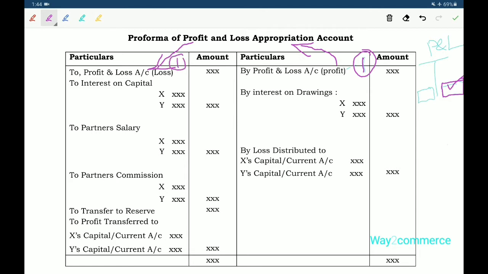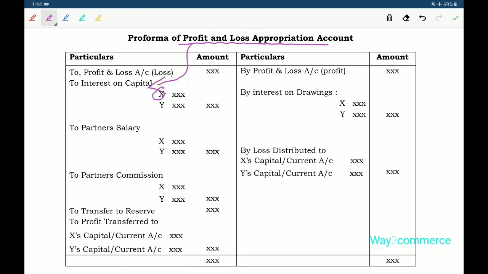Now we discuss second entry, interest on capital. So it is interest on capital and salary, commission. These are appropriations out of profits. So what is the entry? Profit and loss appropriation account debit to interest on capital account.